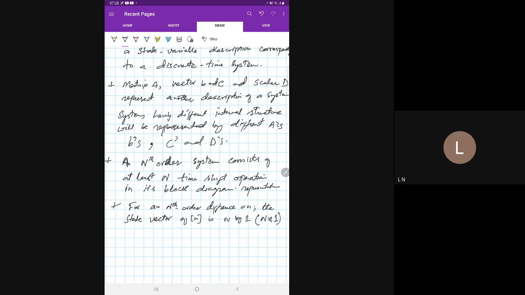It will be n cross 1. And the matrix A will always be n cross n.